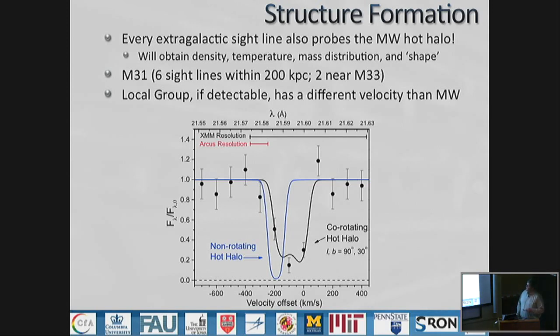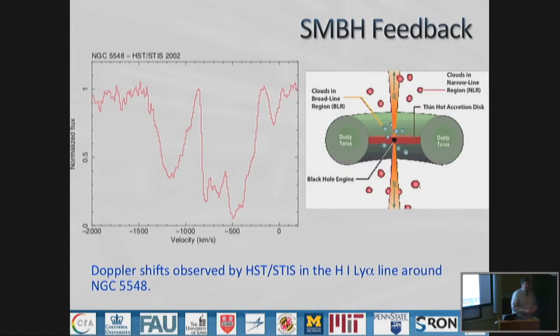And here's the difference between a non-rotating hot halo and a co-rotating hot halo of our own galaxy. You can see that we can very easily distinguish these two models. We can even tell the difference between just how much and possibly even where the gas might start changing its rotation curves.